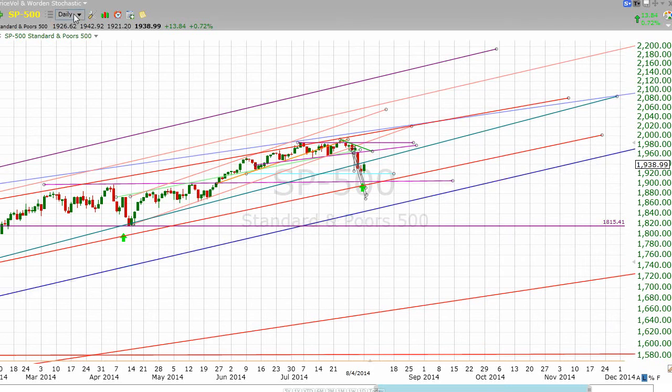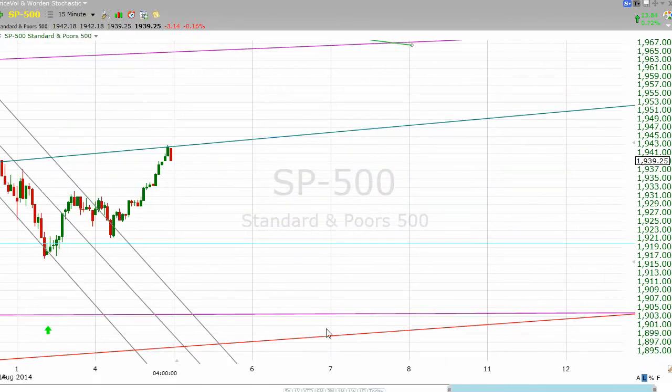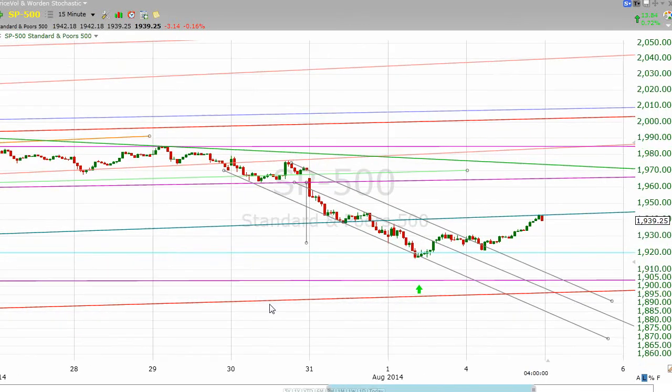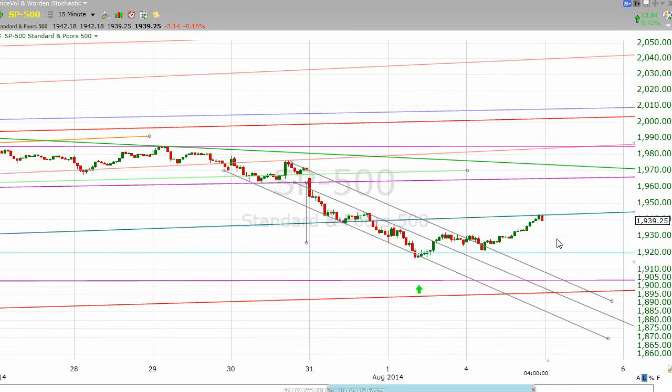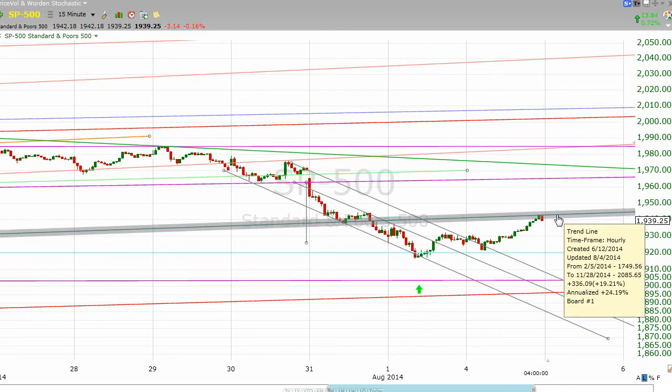So all in all, guys, this is another day where we saw getting up over a resistance line did result in a rally. But what we've got to see now is an actual taking out of this resistance line.